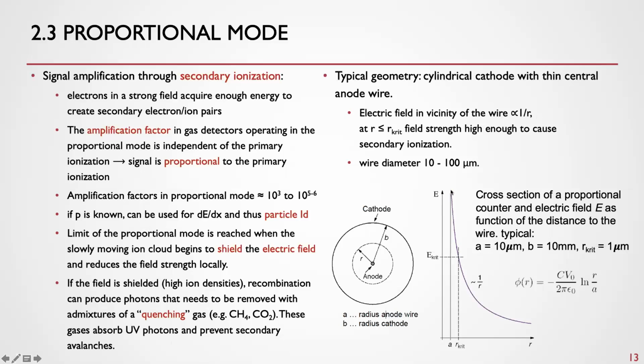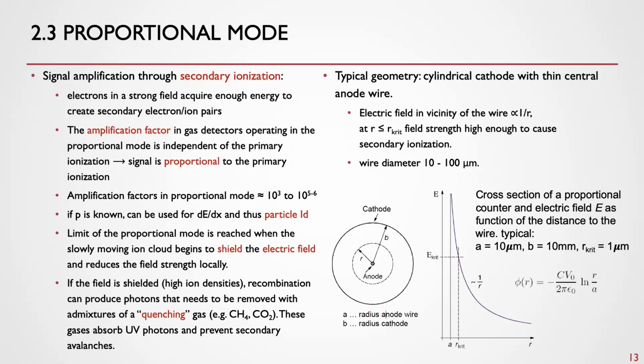Now look at the electric field as a function of the radius, okay? The most important design element for a wire detector is the radius of the wire. Let me highlight in red. The calculations are trivial.